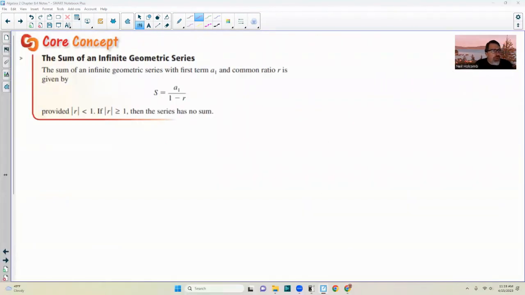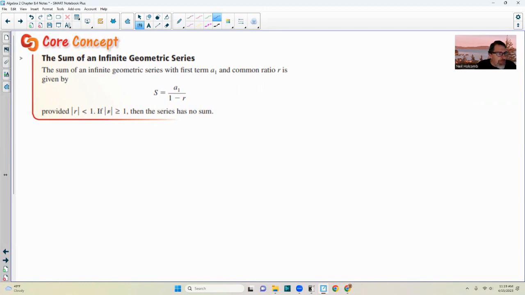Okay, so here's our first core concept, and we're going to start talking about the sum of an infinite geometric series in this section. It says the sum of an infinite geometric series with a first term of a sub 1 and a common ratio r is given by S equals the first term divided by 1 minus the common ratio, provided the absolute value of the common ratio is less than 1.